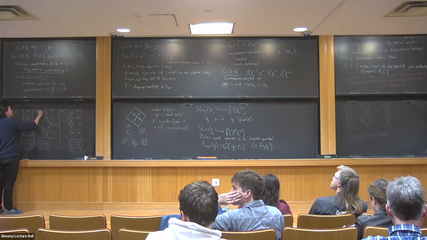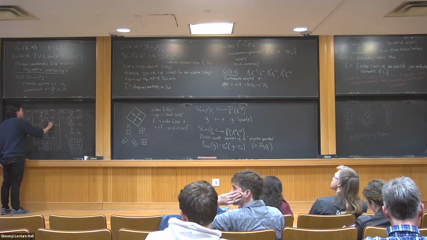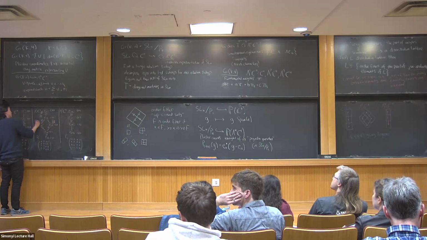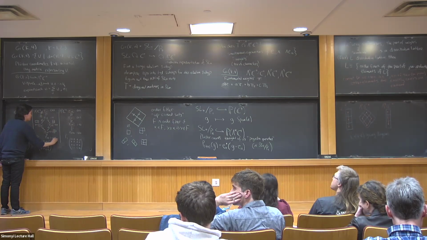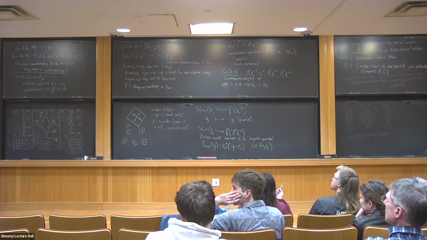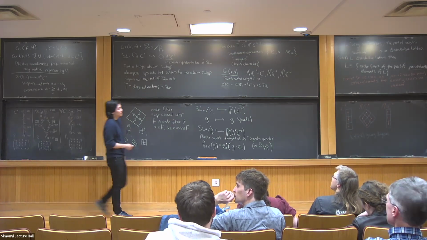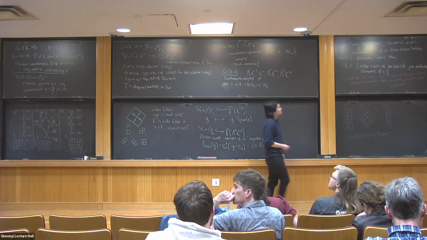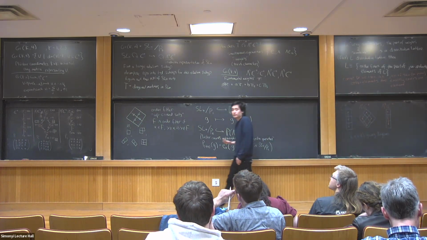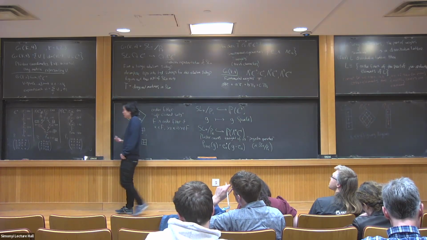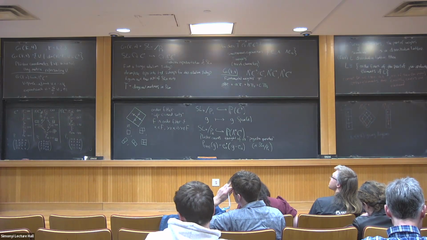This top one is single box. All I've done is label according to this fact that the order filters of the poset of join irreducibles exactly correspond to the original lattice. Any questions about that?